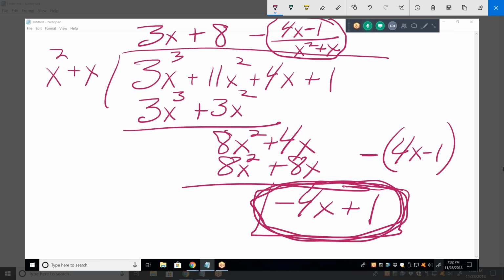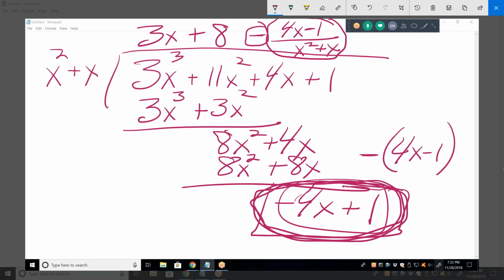That's why I turned it into a negative 1 instead of a plus 1. If I'm going to put this negative sign in front of that remainder, then I got to make sure the numerator stays 4x plus 1, and it only does that if I put a negative sign in front of the 1.